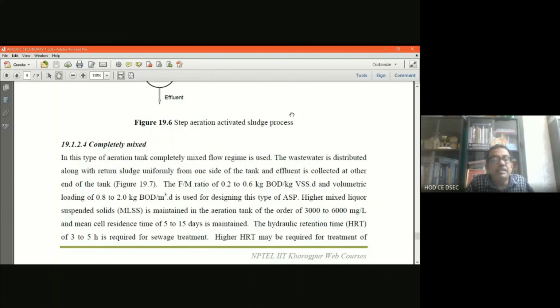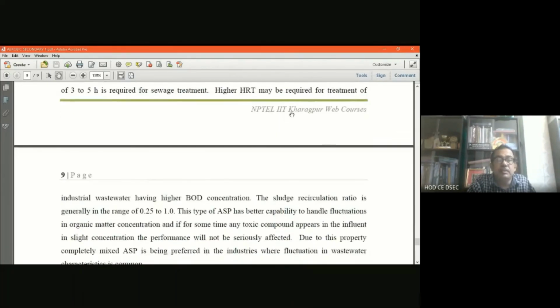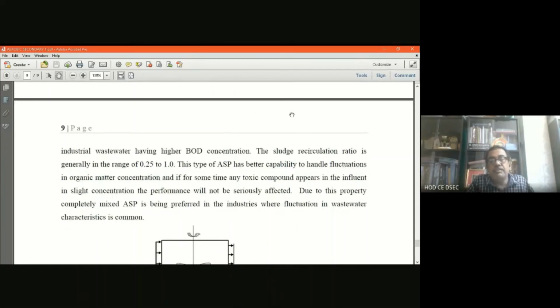Higher mixed liquor suspended solids like 3000 to 6000 milligram per liter, mean cell residence time 5 to 15 days, and hydraulic retention time 3 to 5 hours is required for sewage treatment. This higher retention time is required basically for treatment of industrial wastewater having higher BOD concentration. The sludge recirculation ratio generally 0.25 to 1 is maintained.